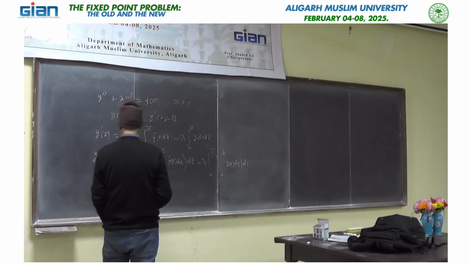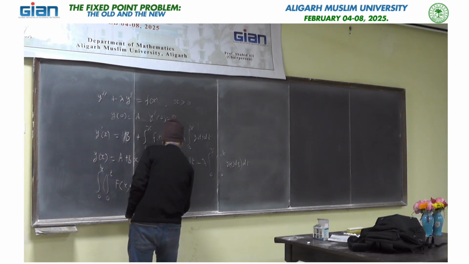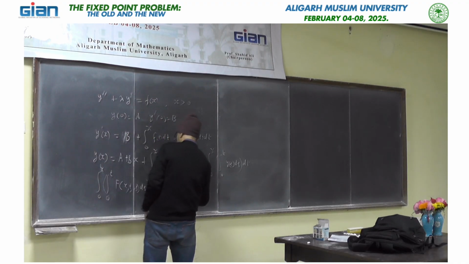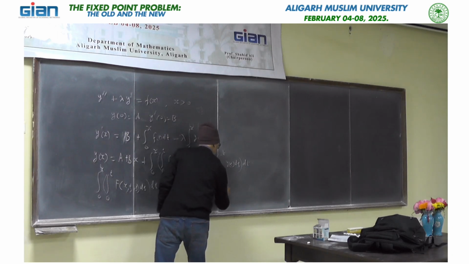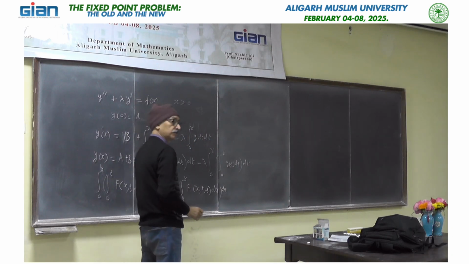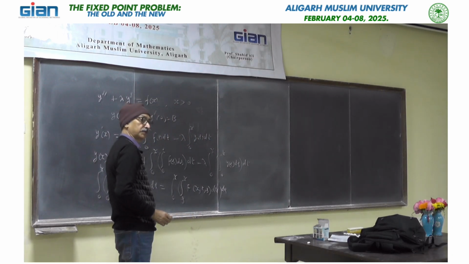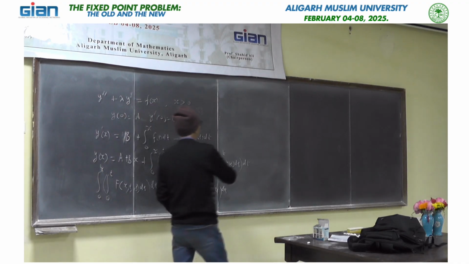You can see that this is actually equal to the integral from 0 to x, and then s to x, of f(x, t, s). The change of order of integration will lead to this: dt goes inside and ds comes outside. Okay.